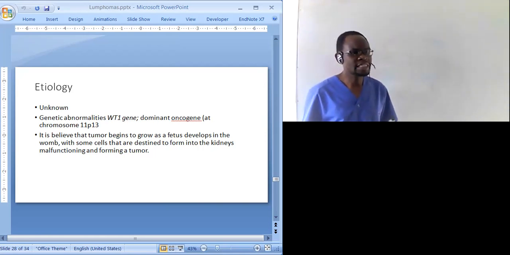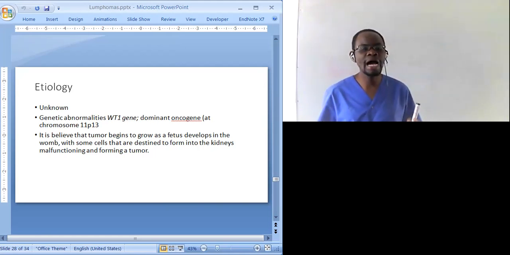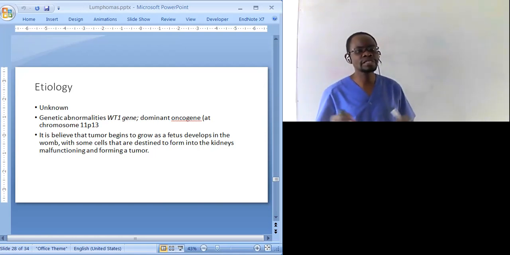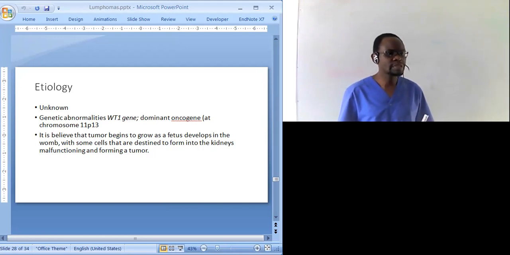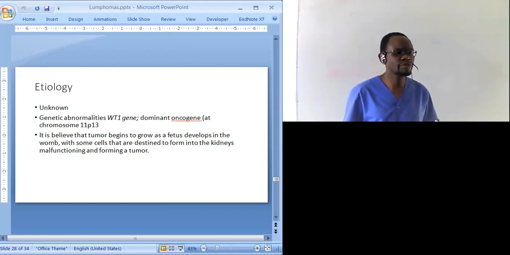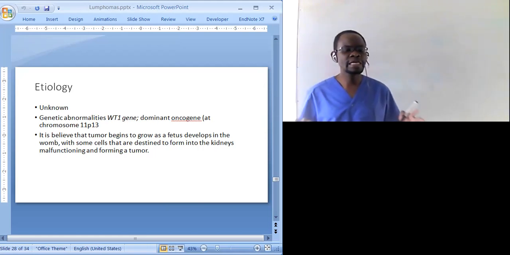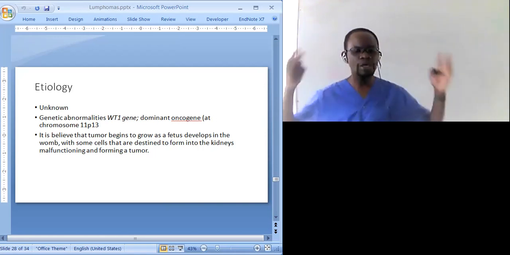It is believed that the tumor begins to grow during fetal development, in the womb, with some cells that are destined to form the kidneys malfunctioning and forming a tumor. So we say this tumor arises out of the cells of the kidneys.